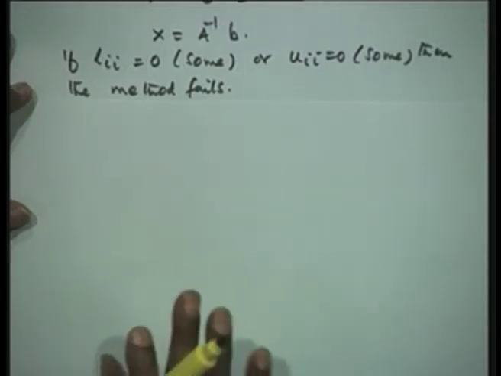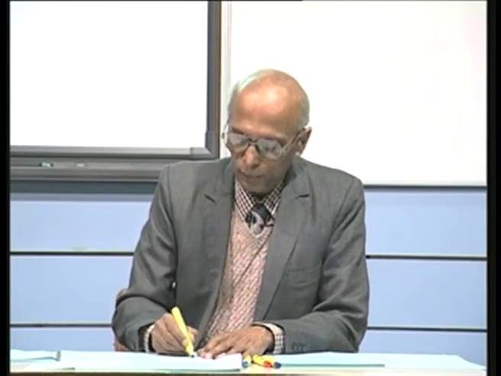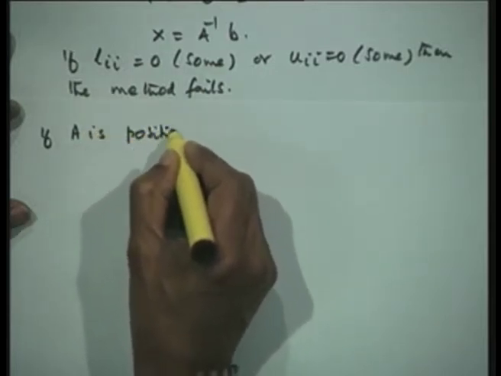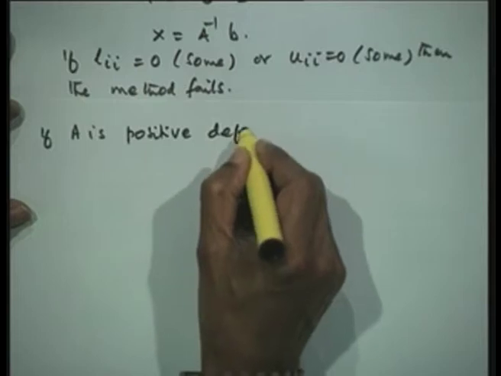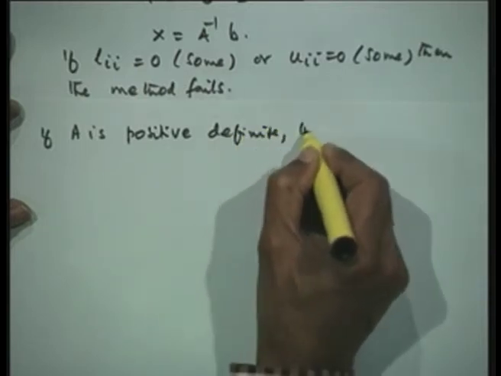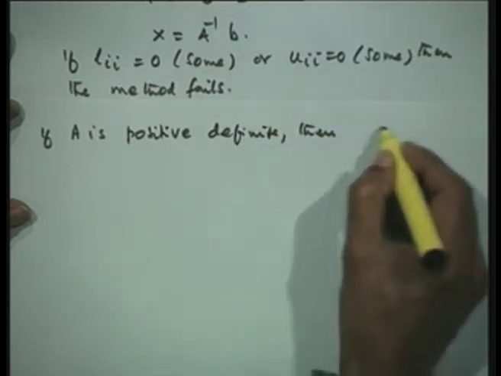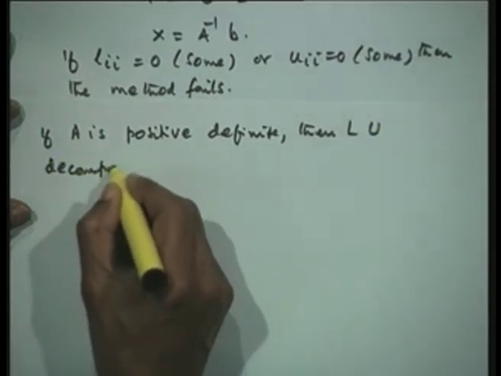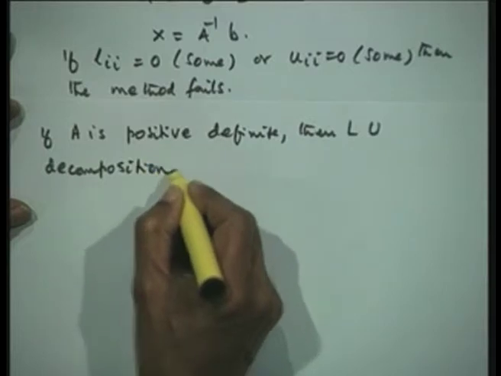However, if the given matrix is a positive definite matrix, then none of these Lii or Uii will be 0 and decomposition is guaranteed. So, if A is positive definite, then LU decomposition is guaranteed.